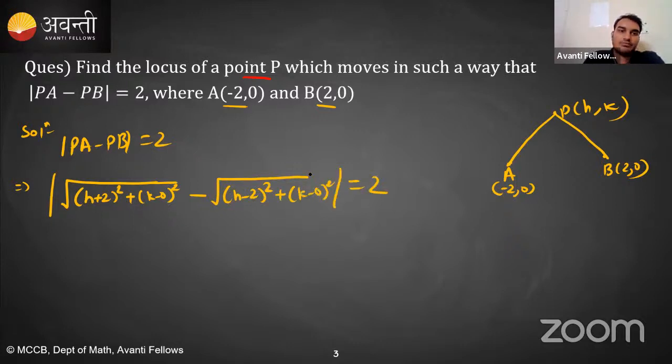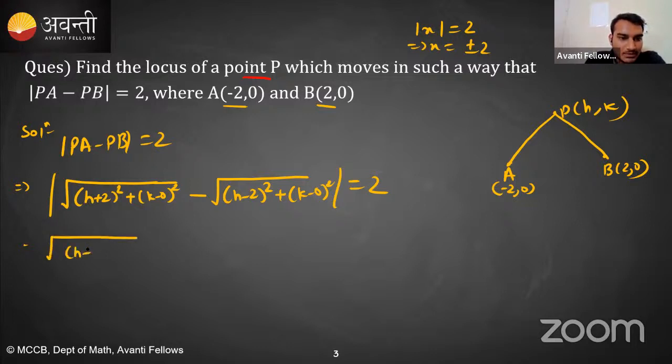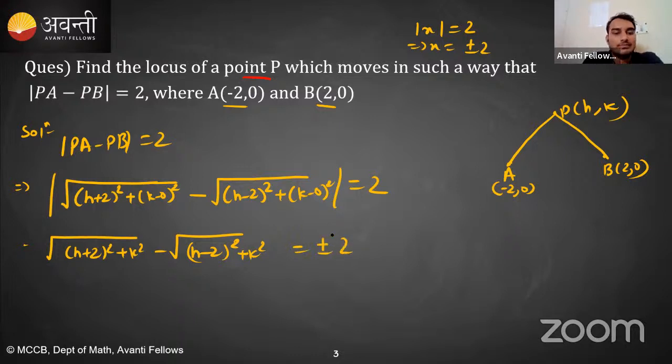Now if you know that mod x is 2, it implies x is plus minus 2, either 2 or minus 2. So similarly, under root of (h plus 2) whole square plus k square minus under root of (h minus 2) whole square plus k square is plus minus 2, right?